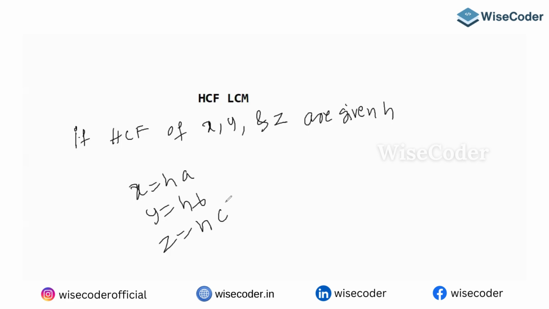Write down a question. How many pairs of numbers exist such that their HCF is 12 and the sum of the numbers is 108?